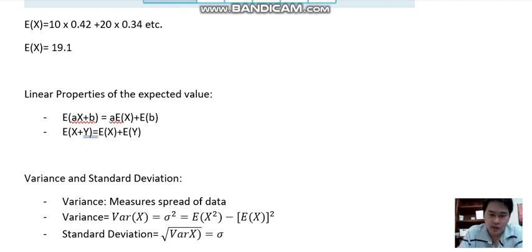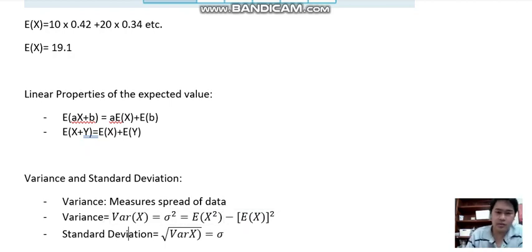The variance in notation is the variance of x, which is the same as sigma squared, and you calculate it as E of x squared minus the expected value squared. So you put x squared inside, get the expected value, and then subtract the square of the expected value.